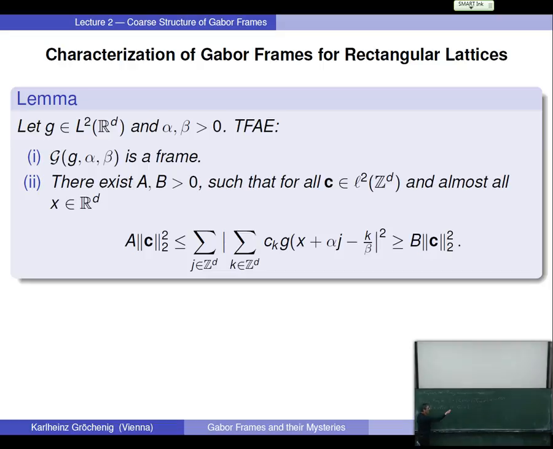So now let's write this in coordinates. This means that the sum of G(μ,ν) c_ν equals δ(μ,0). So what is this?